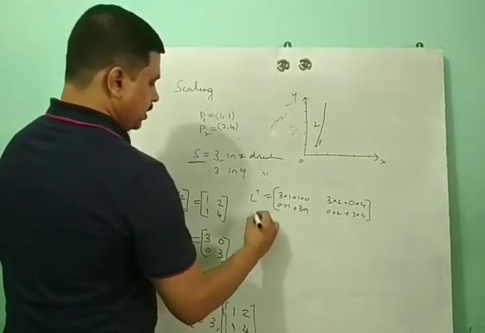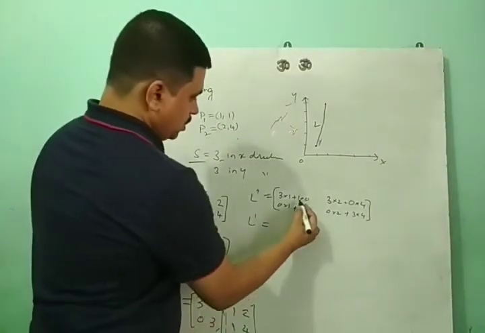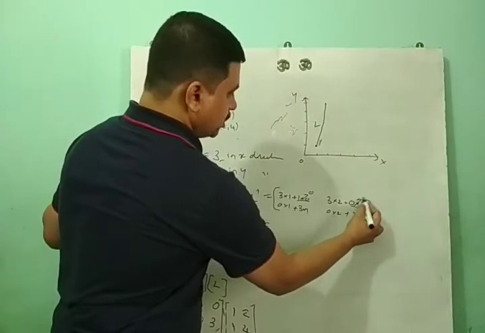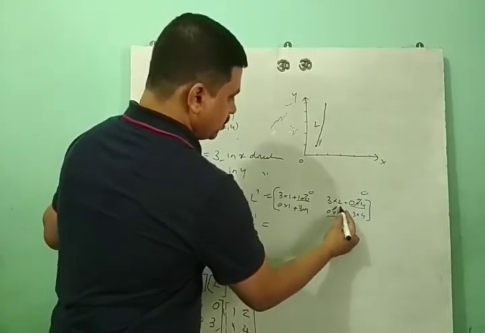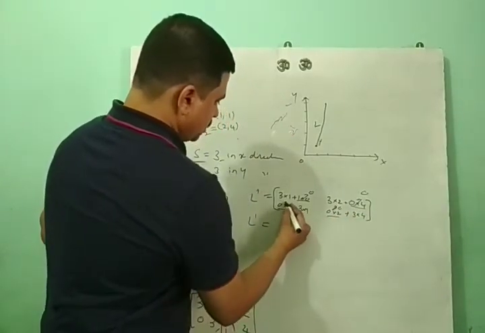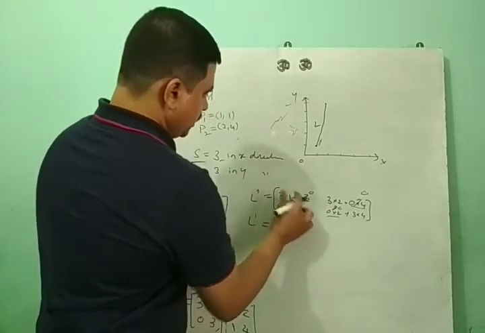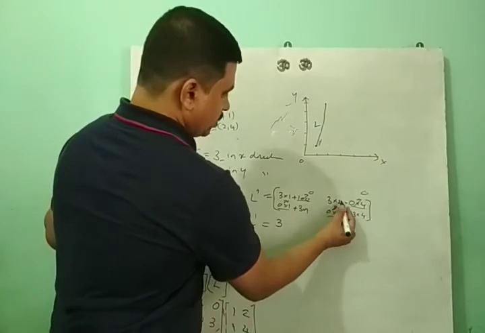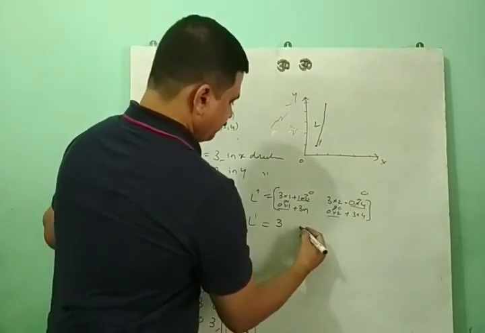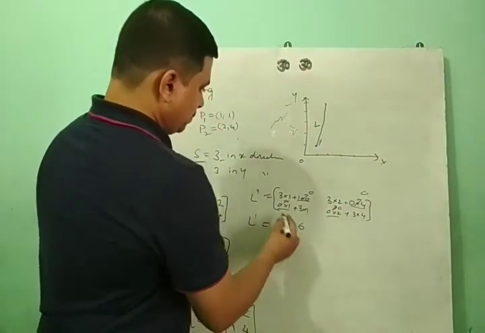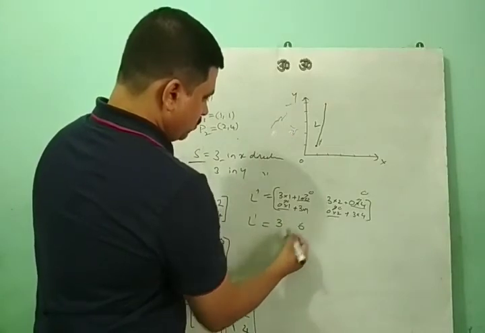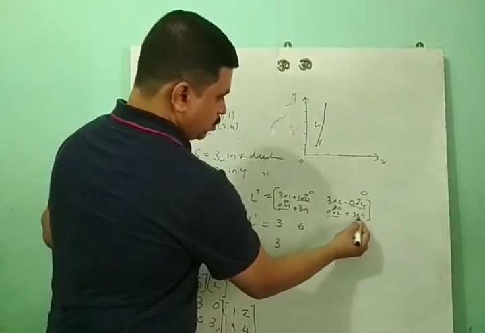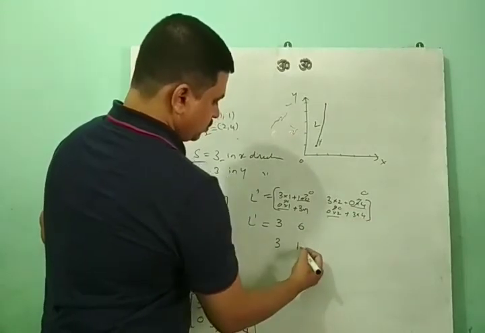Now you simplify. L dash is equal to, so this term is 0, this term is 0, this term is 0, and again this term is 0. So 3 into 1 is 3, 3 into 2 is 6, then 3 into 1 is 3, then 4 into 3 is 12.